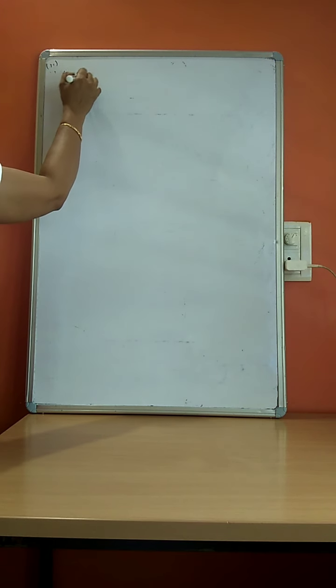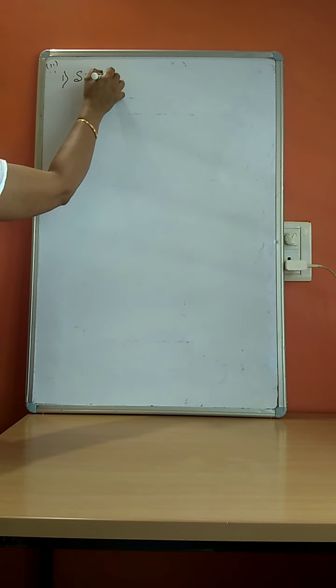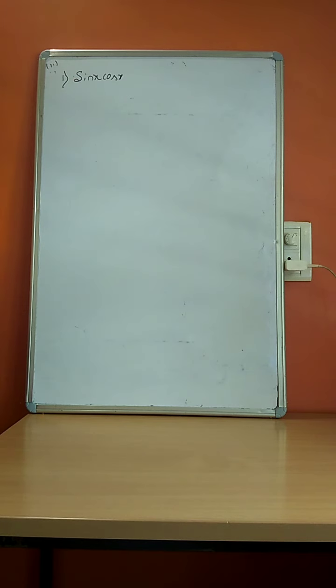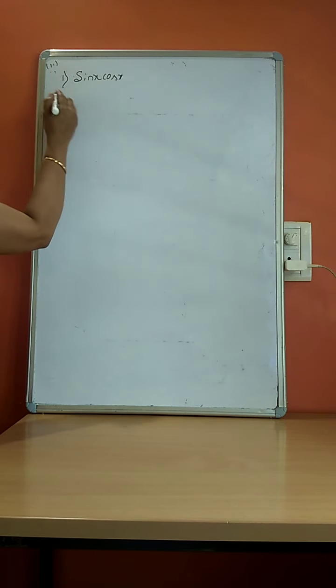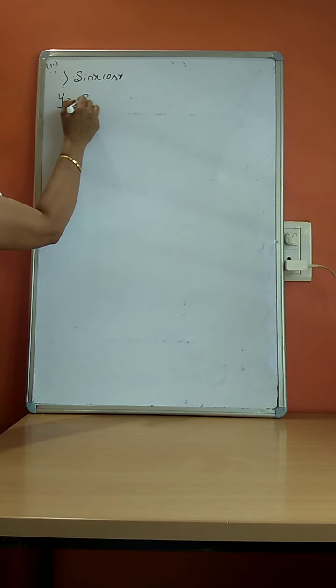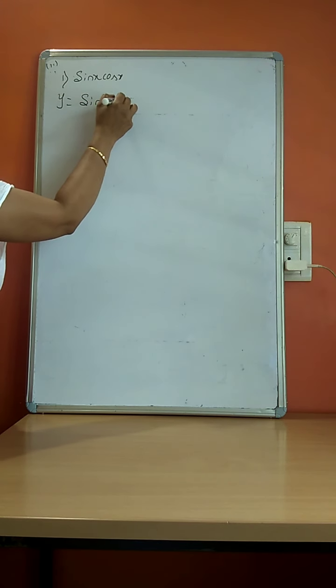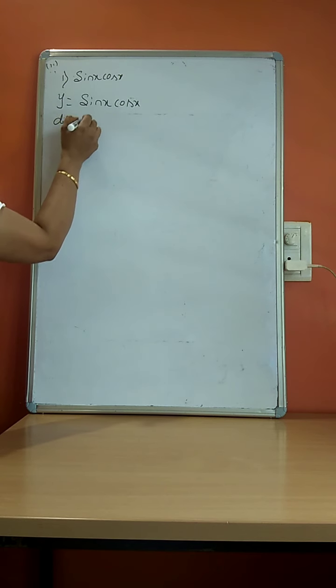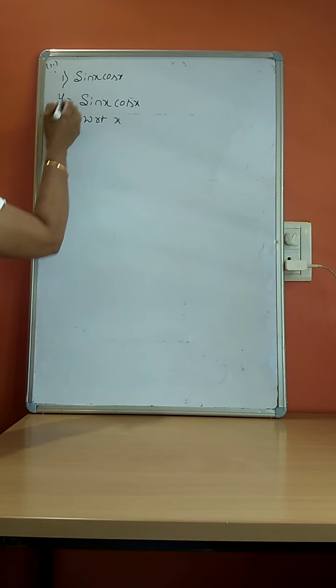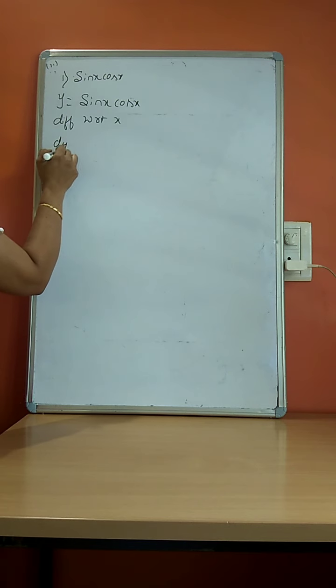First one, sin x cos x. So this is third rule. We can apply the product rule. Y must be is equal to sin x cos x. Differentiate with respect to x. Go for differentiation.